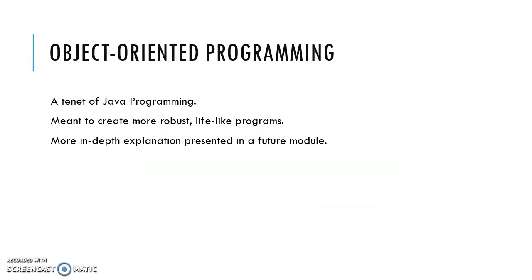Also in this section, the concept of object-oriented programming was discussed. Object-oriented programming is a tenet of Java programming, one of the foundational elements. However, please note this introduction was super brief, and you really aren't supposed to take away a strong understanding of object-oriented programming from that simple review.